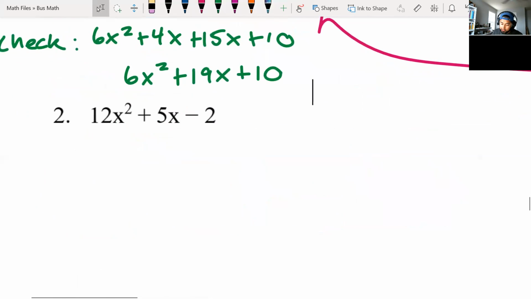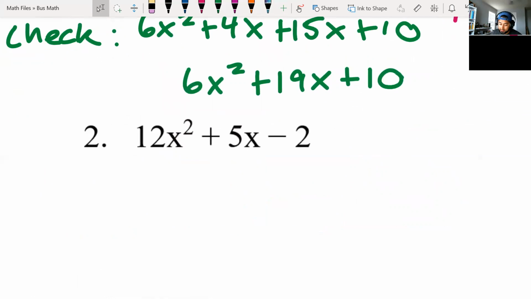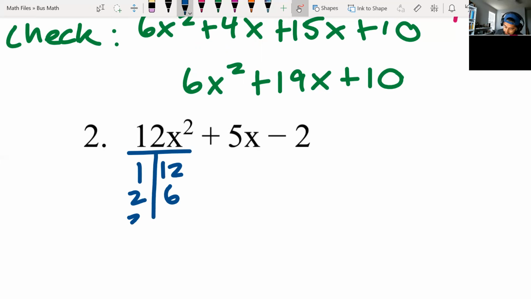So more factoring, and we're going to do this by guess and test. So once again, here is 12. The factors of 12 are 1 and 12, 2 and 6, 3 and 4. Lucky for us, here's 2. The only factors are 1 and 2.